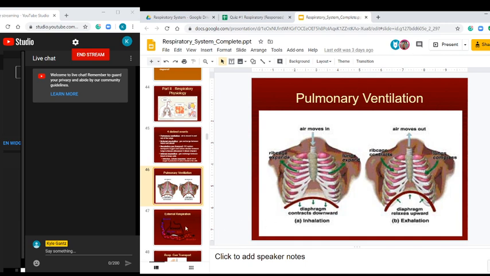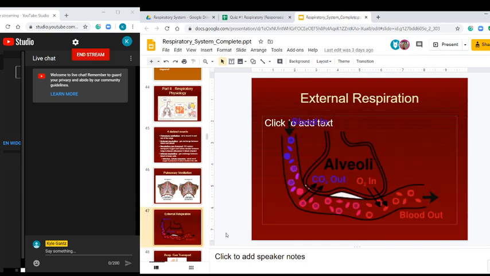Now, when we get into external respiration, we've seen this graphic before. We've seen this concept of red blood cells carrying deoxygenated blood back into the lungs. It's been through the right side of the heart, through the tricuspid valve, the right ventricle, the pulmonary semilunar valve, the pulmonary trunk, to the pulmonary arteries.